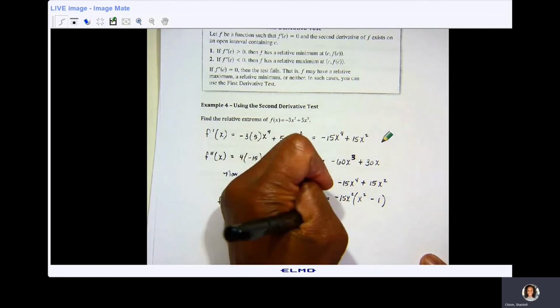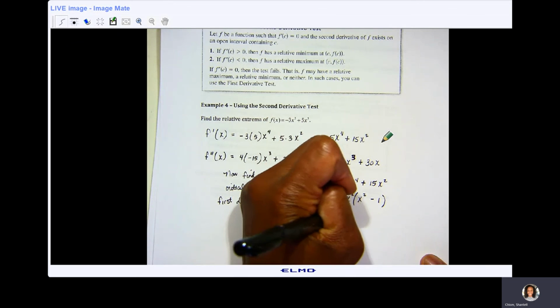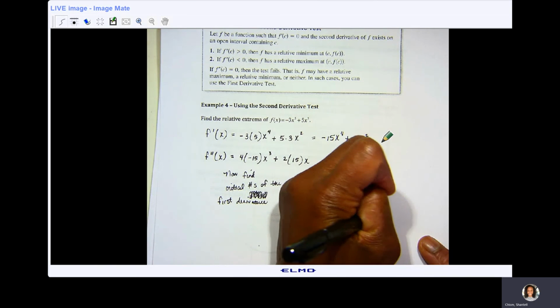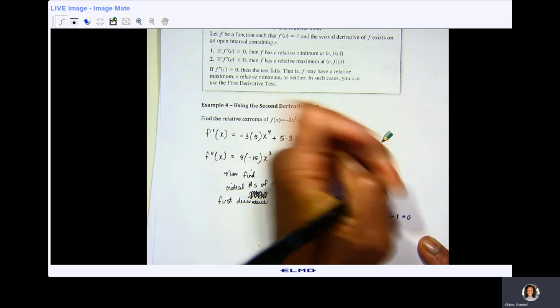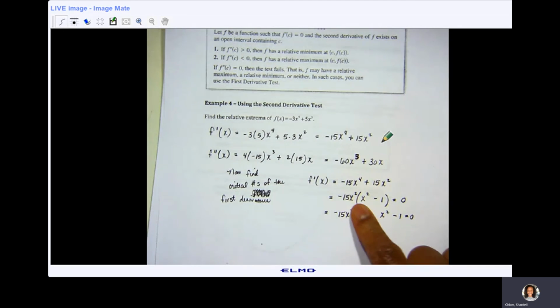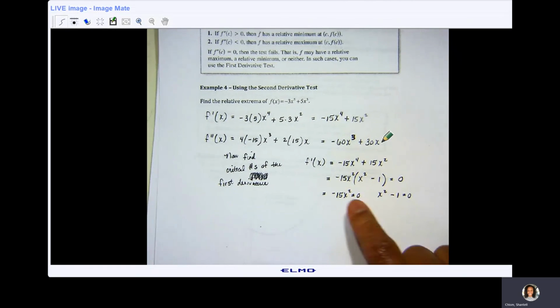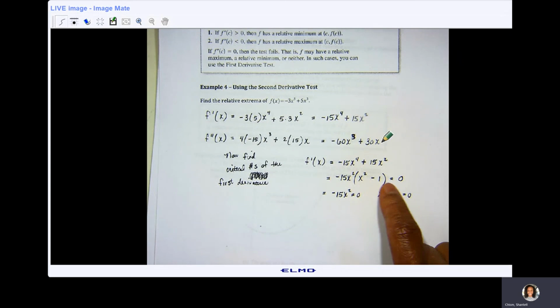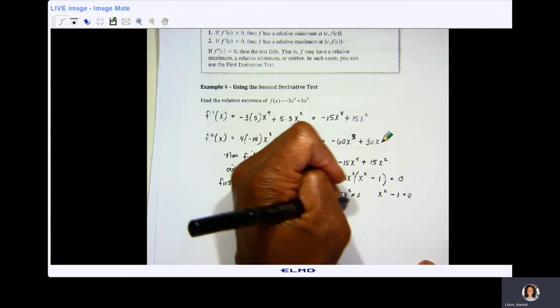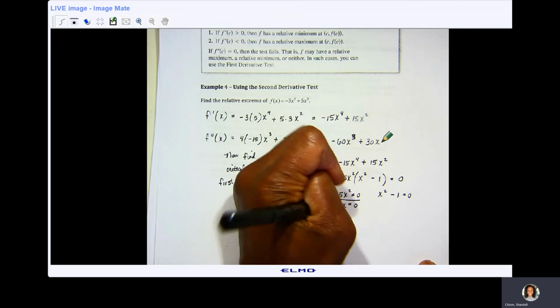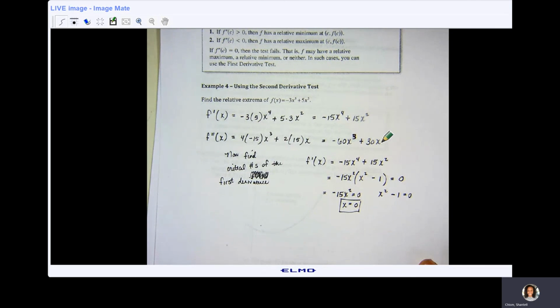Okay, so then I've got negative 15x squared equals 0, and I've got x squared minus 1 equals 0, because you have the whole product equals 0, then you break the product apart and place the factors equals 0. So here, this would just be 0. When you divide by 15, you still got 0. Then you take the square root, you still got 0.